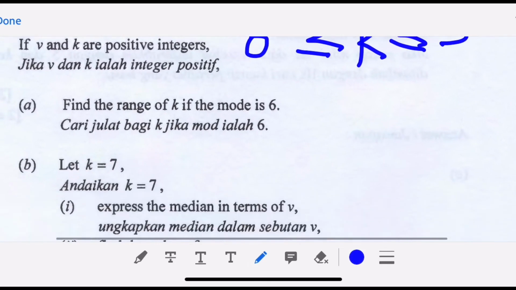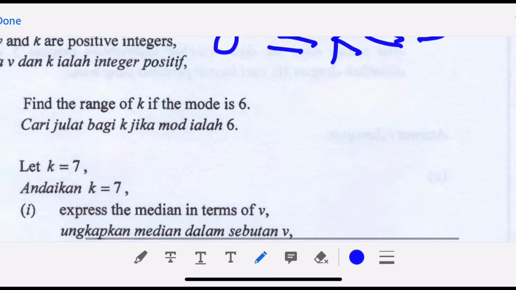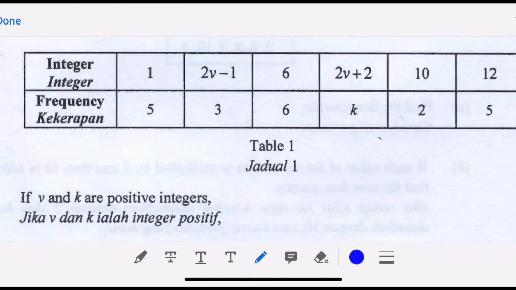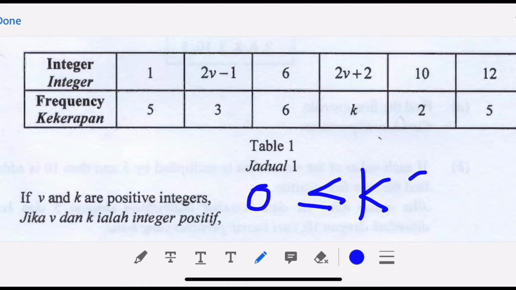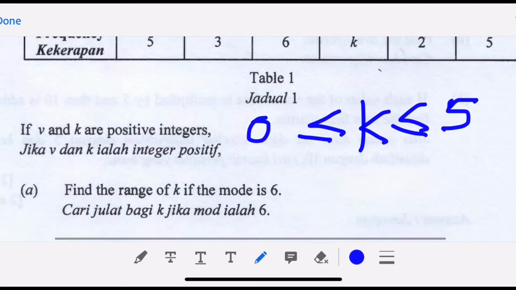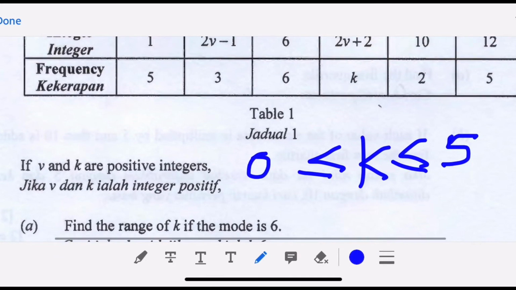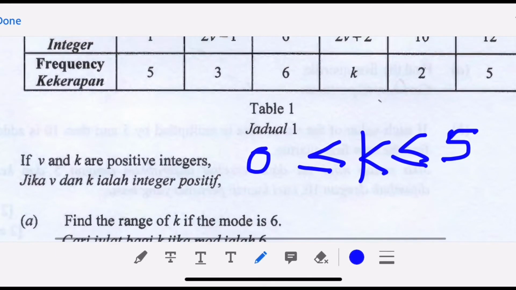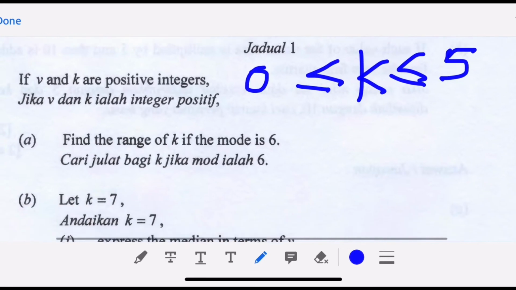It must be 5 or less than 5. So it can be 0, 1, 2, 3, 4, 5 for the positive integers, right? Okay, so that is the answer for the range. We have to write it in terms of an inequality.